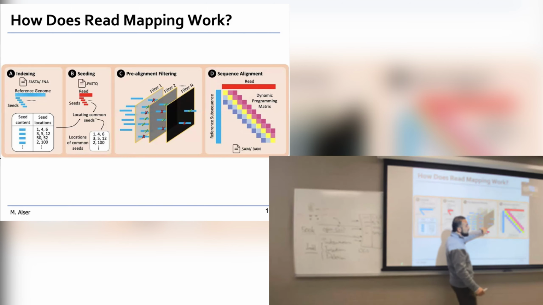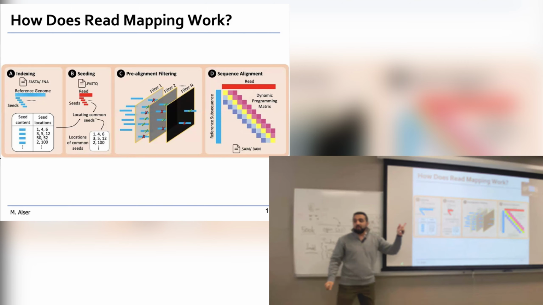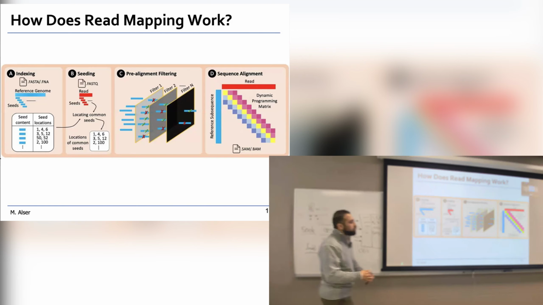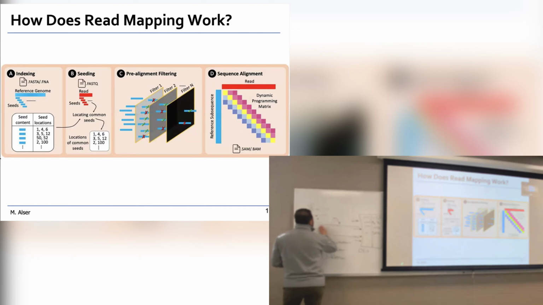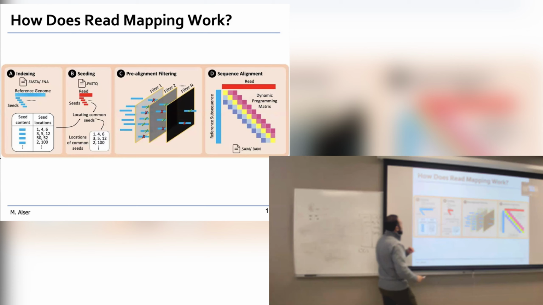Hopefully this is clear. Now let's talk about the 4th step, which is sequence alignment. So sequence alignment is doing really 3 important things. Now, using indexing and seeding, I could identify a potential subsequence in the reference genome, okay?